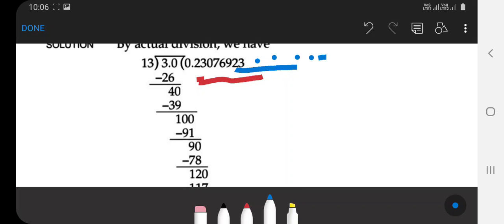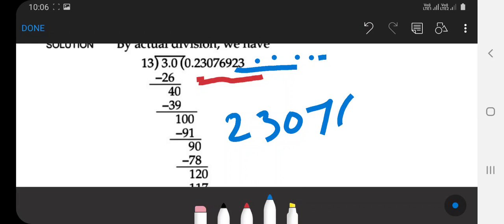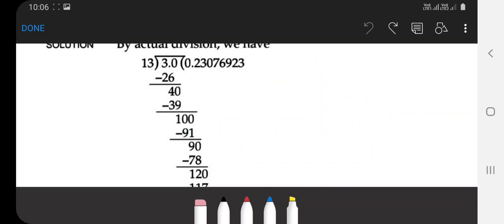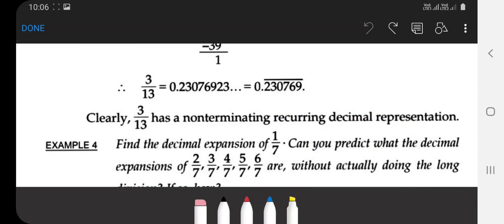Here the digits 2 3 0 7 6 9 are repeated, so my answer is 0.230769 with a bar above. So clearly 3 by 13 has a non-terminating recurring decimal representation.